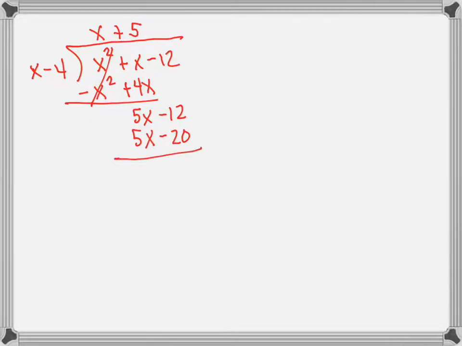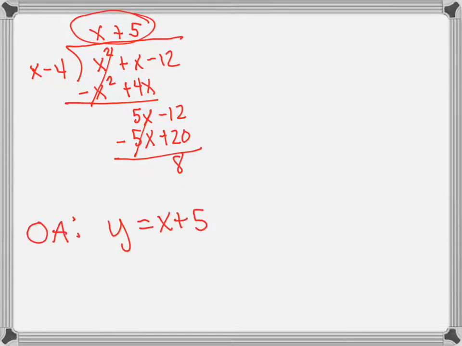We will subtract, so I will change all the signs and then add. 5x's cancel out. Negative 12 plus 20 is 8, and that is our remainder. So our quotient is x plus 5. So our oblique asymptote is at y equals x plus 5.